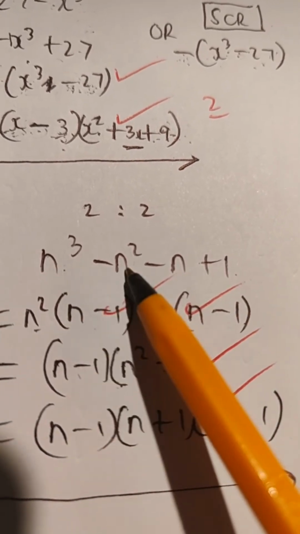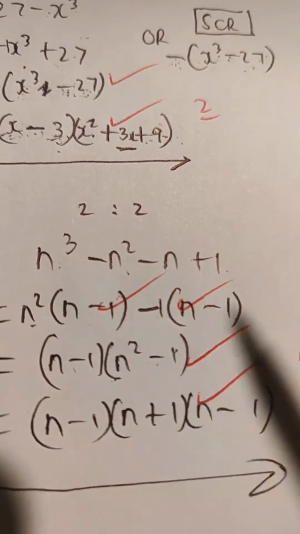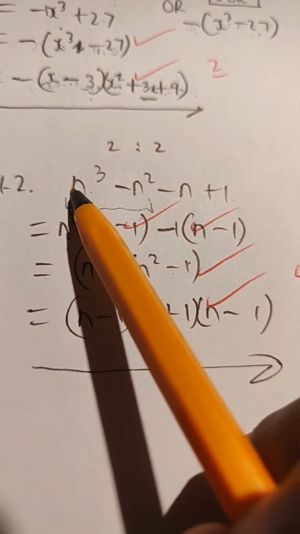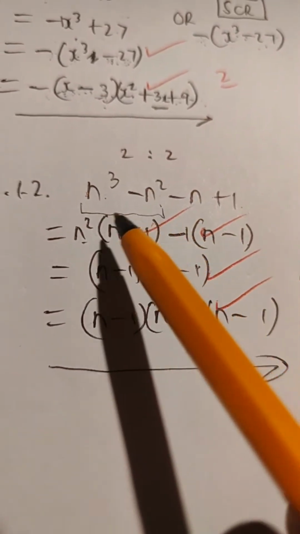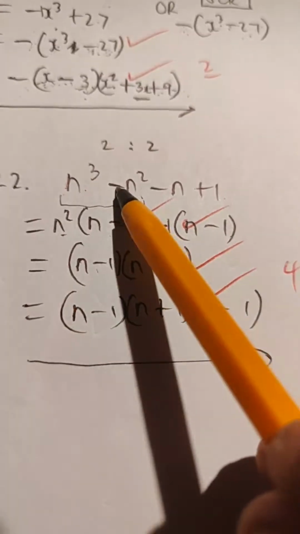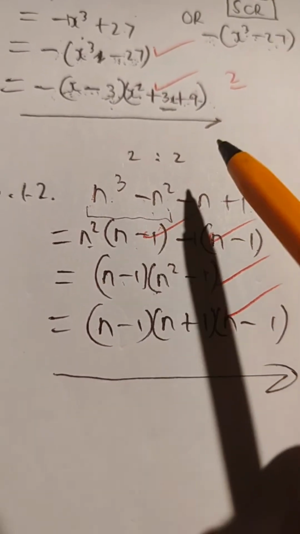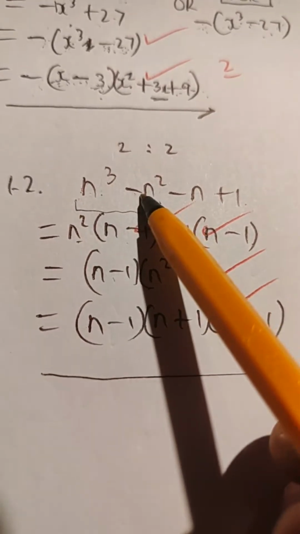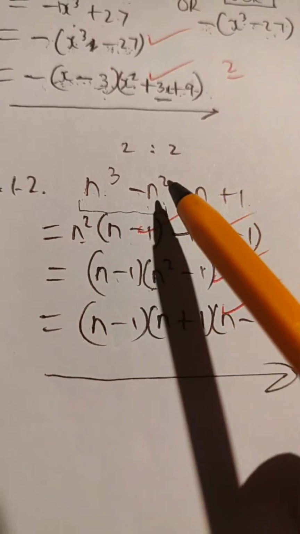For n cubed and n squared, what is the highest common factor for just these 2 terms? Well, highest common factor sign, positive. Highest common factor number, 1 between these 2. Highest common factor letter or variable, we take out the common variable with the lowest exponent.